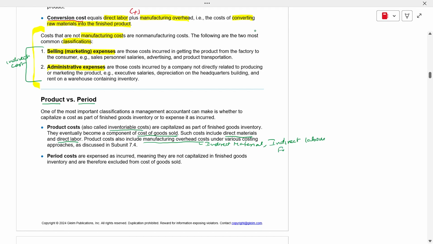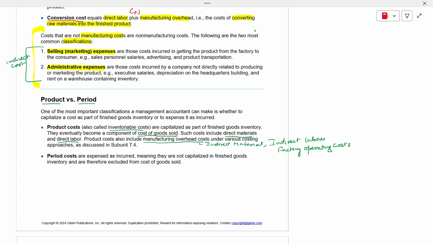It looks very easy, but when you are answering questions, it is very confusing and challenging to identify the correct element of costing.